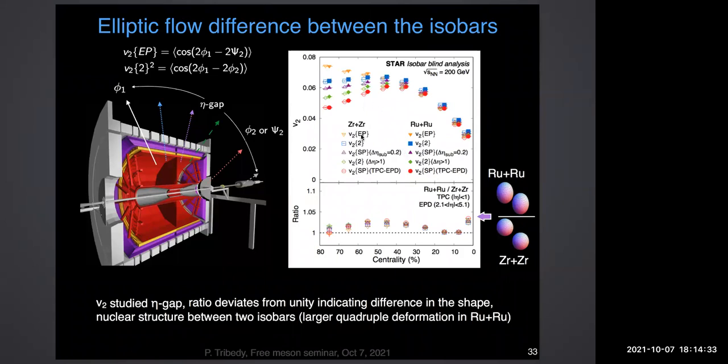Everything has 1 over n because they are like a random walk. So this reduction is mostly due to short range non-flow reduction, the flow fluctuations, and also event plane decorrelation.